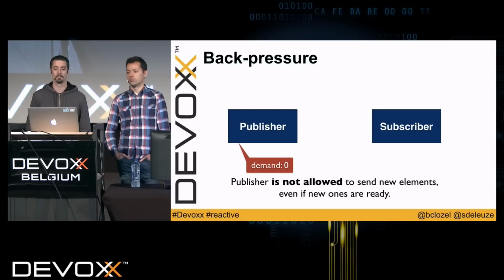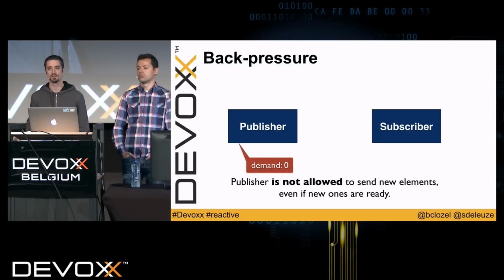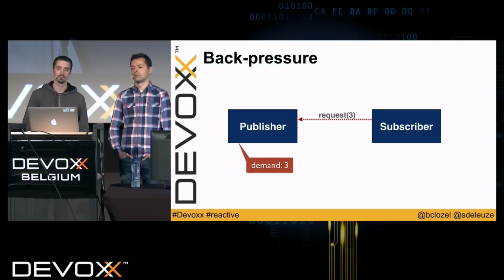The very important thing to understand is that the publisher is not allowed to send new elements, even if new ones are ready, if the subscriber does not request more elements. Imagine the subscriber is currently processing the element he has received, and when he is ready, he will ask for new elements. Here, he requests 3 new elements, and the publisher will send 1 element, then 2 elements when ready, and you see that the publisher keeps track of the demand.